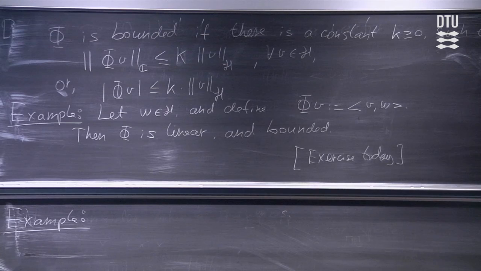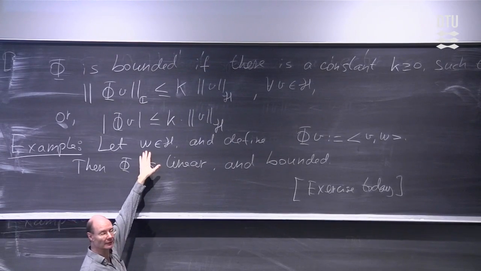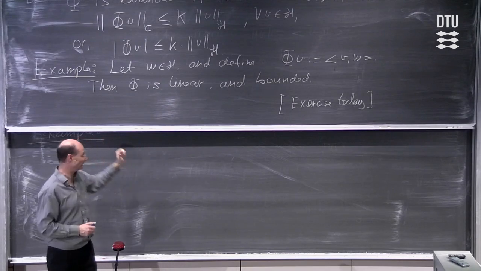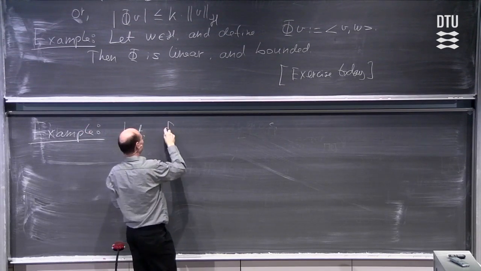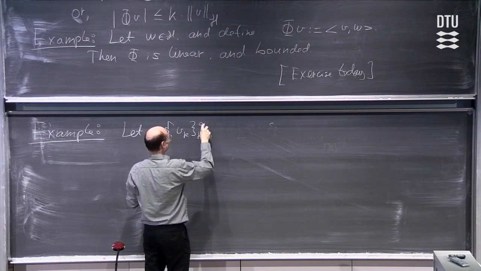So what we'll consider now will not just be one element in the space like what we did here. Here I said, let's just fix one element in the space. What I'll do is to look at infinitely many elements in the space. So we look at a sequence v_k, k equal to 1 to infinity.